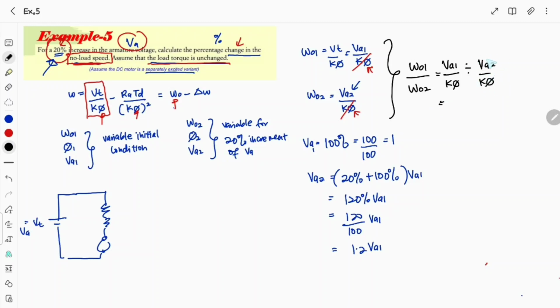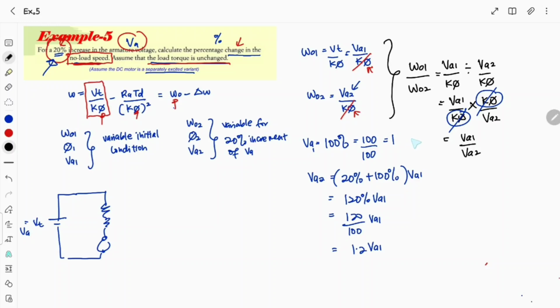If we flip this part, since it is a division, it becomes VA1 over kV multiplied by kV over VA2, and we already know that this is a fixed value. So you can cancel the flux between the initial state and the state after the 20% change. Now what is left in your equation is VA1 over VA2.